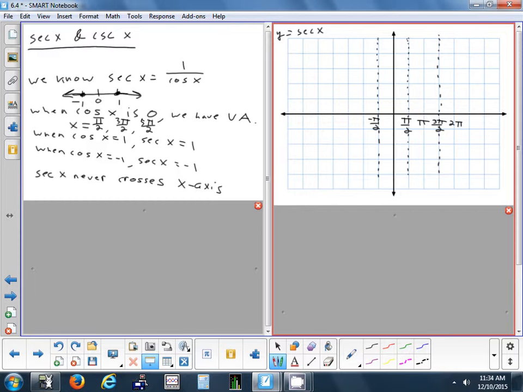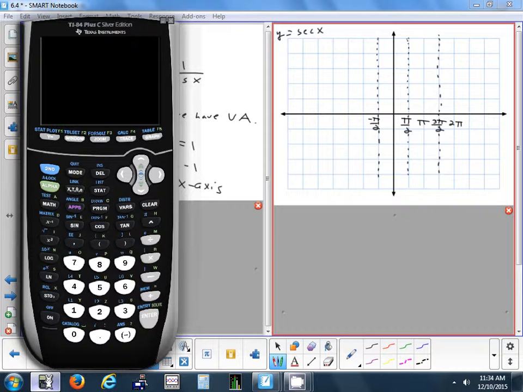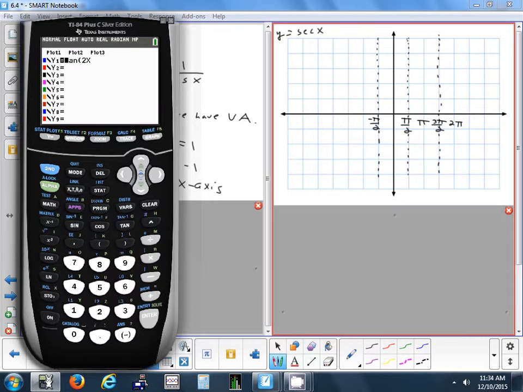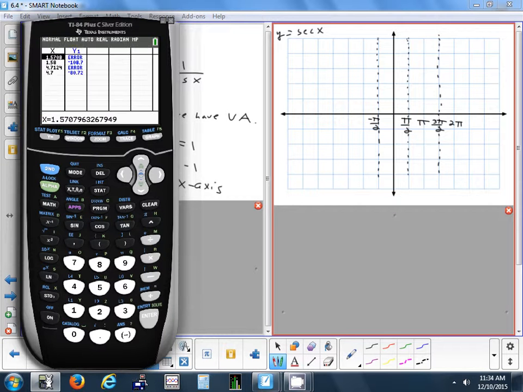All right, let's type that in and let's test a point just to the right of -pi over 2. Let's type 1 over cosine. So this is -pi over 2. A point just to the right of that would be negative 1.56.